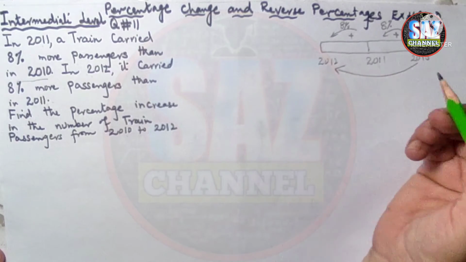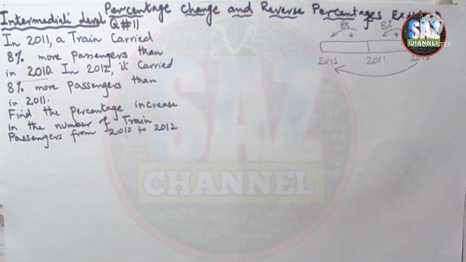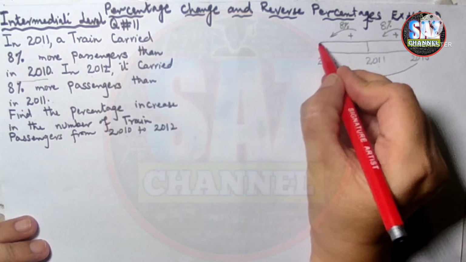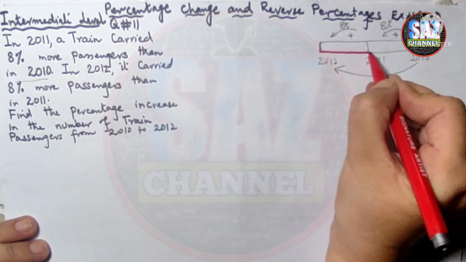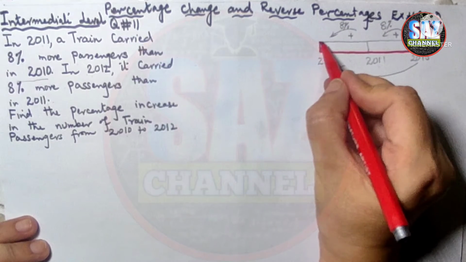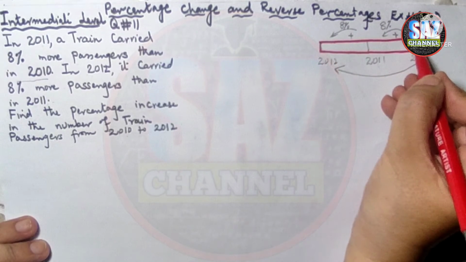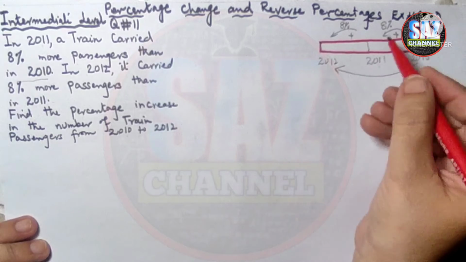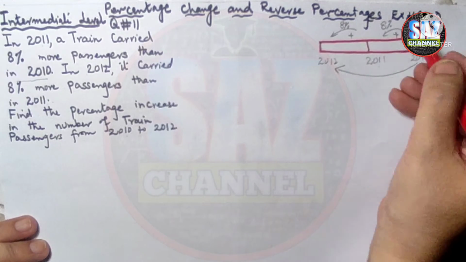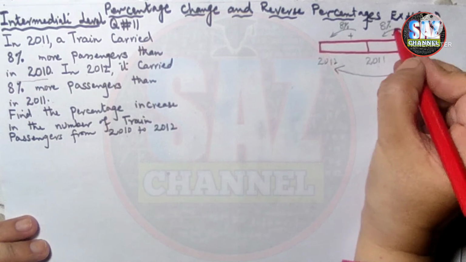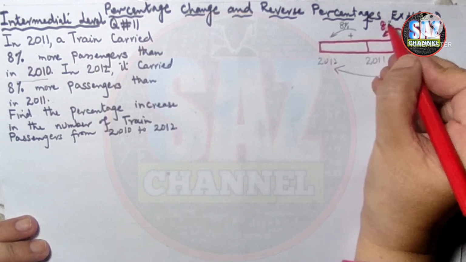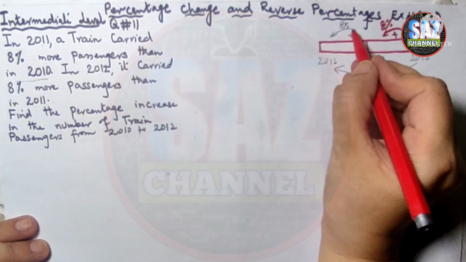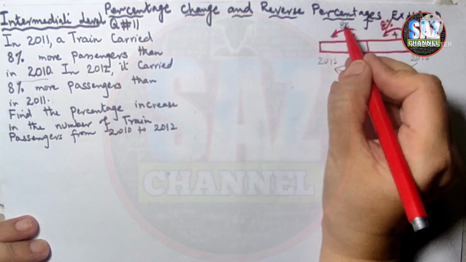There is one important thing in the question: we do not know the number of passengers the train is carrying in 2010. So here we are going to make use of algebra as well. The thing that we do not know, we suppose that it is x.